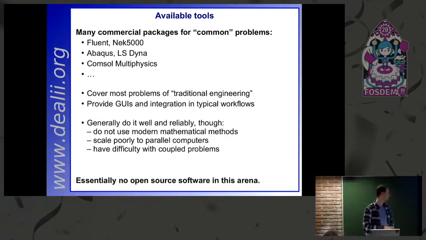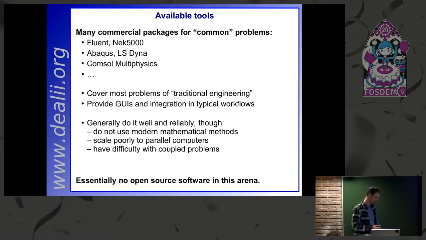Let me talk you through what they can do. So they're pretty good at the traditional engineering applications. They have different materials. They can simulate how a piece of steel, a piece of plastic, a piece of soil deforms under a load, for example. And they have pretty good integration into, let's say, the CAD tools, into the visualization tools. They have nice GUIs that make it easy to use them.